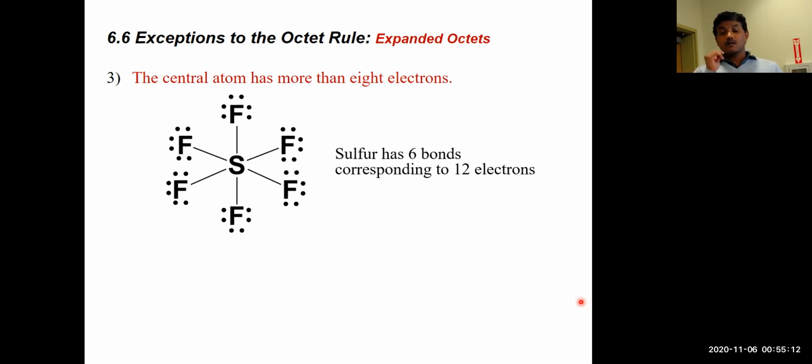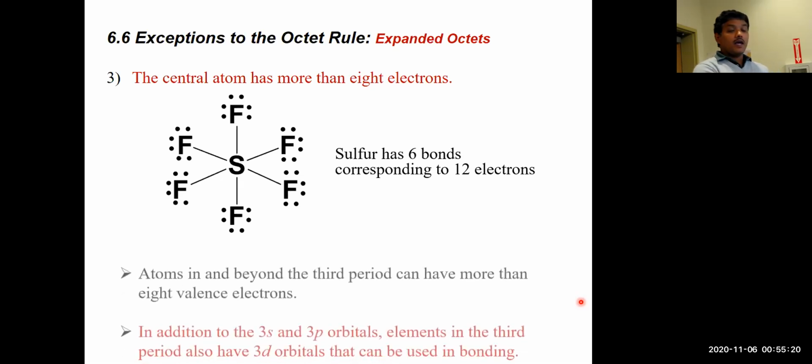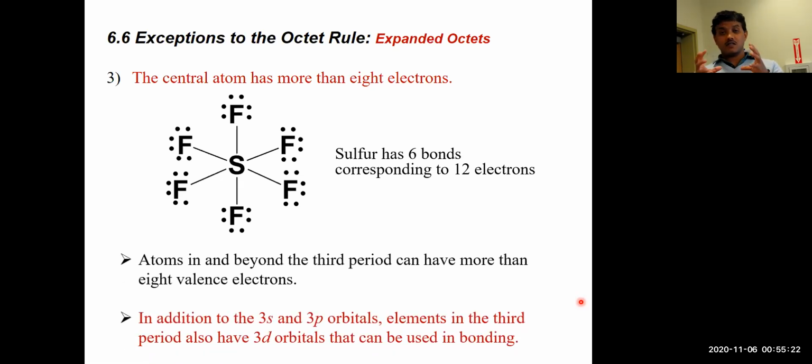However, sulfur and other elements from period 3, period 4, period 5 also happen to have empty d-orbitals in shell 3, shell 4, shell 5, which encourages them to accommodate more bonds than they normally could, just because they are larger and have extra room.